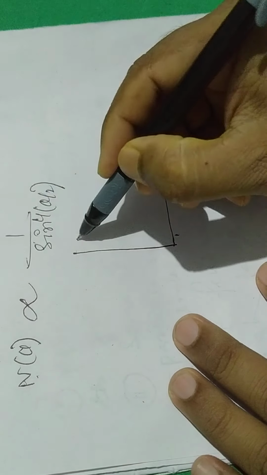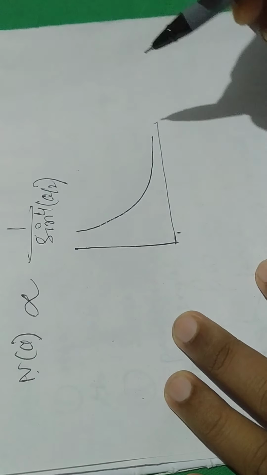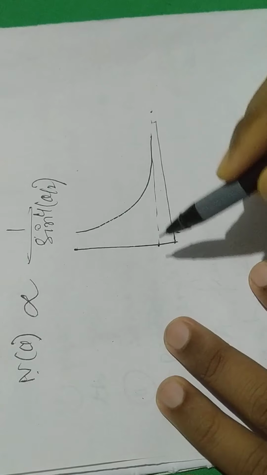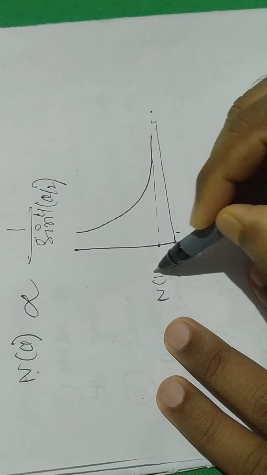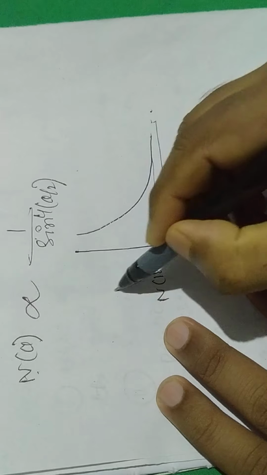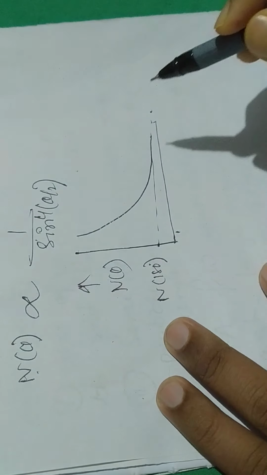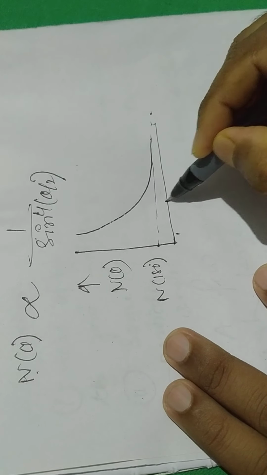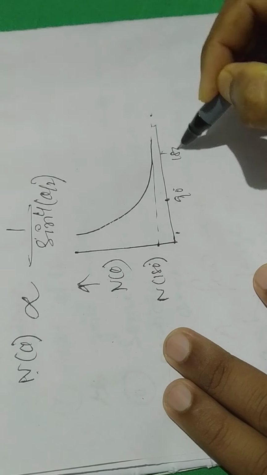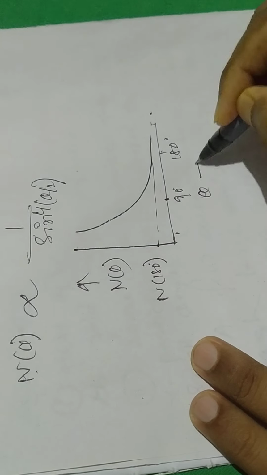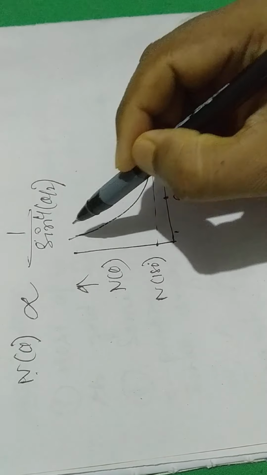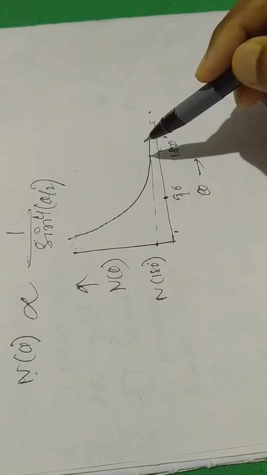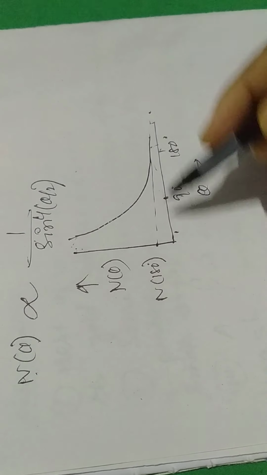Here, at angles like 90 degrees and 180 degrees, the number of particles varies. It means most of the alpha particles pass through the gold sheet without deflection, and very few of them retrace their path.